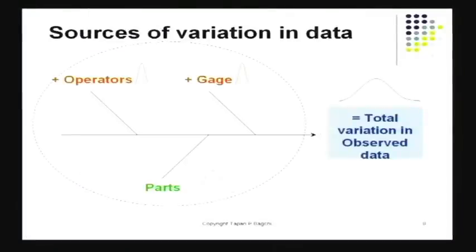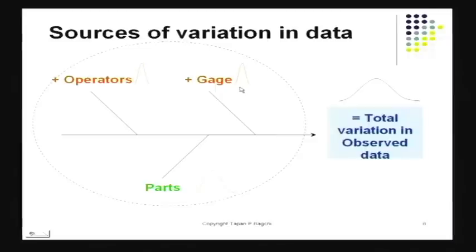If we keep moving here and look at this total picture, the overall variation is over here, and this overall variation is caused partly by the true variation in the part, and you see the little green bell curve there that shows the variation in the part itself. This is the true variation in the process. But the gauge itself will introduce some additional variation, which is the gauge variation.